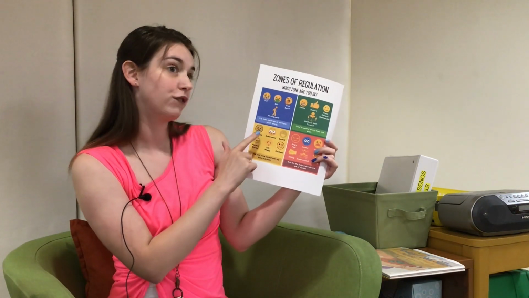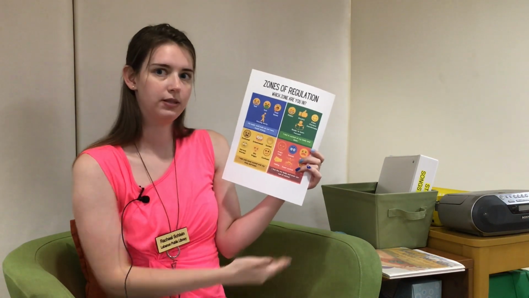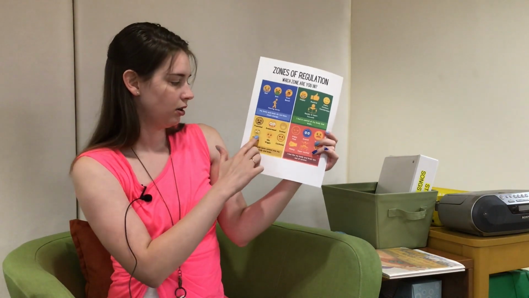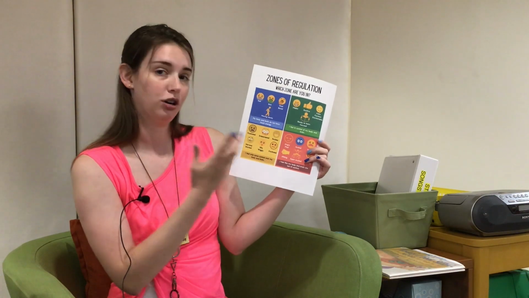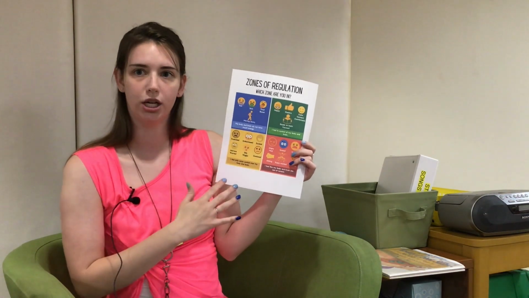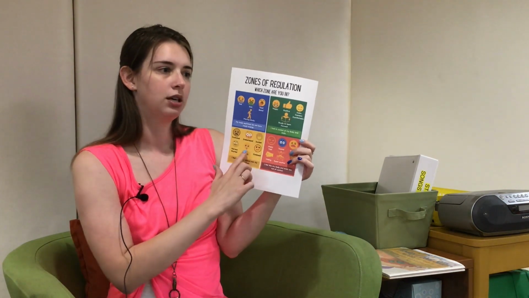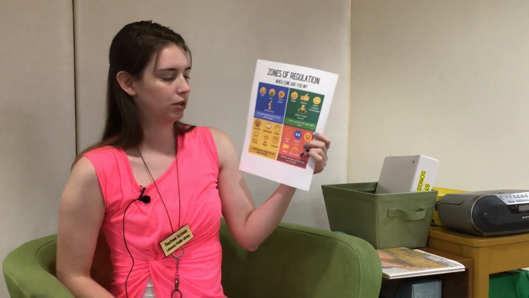Or when we're feeling frustrated or embarrassed, maybe we're feeling confused, like she was feeling confused sometimes in the story. She was in that yellow zone. Or if you're nervous about something or worried, that can make you feel like you're not in control of your thoughts. Like maybe your thoughts are thinking about something that's worrying you. You'll be in that yellow zone, and then we have to try a strategy to help our thoughts think about positive things in that green zone.